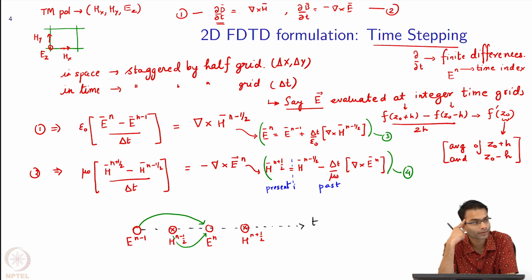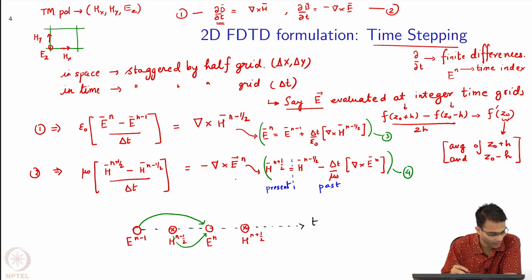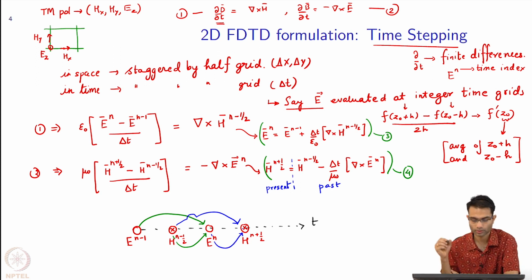Electric field at n, magnetic field at n minus half, right. So, if I were to draw arrows over here, what should I show you? For example, this guy goes in here, and this guy goes in over here.